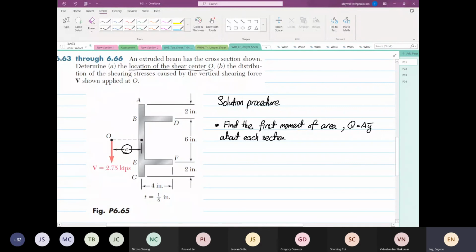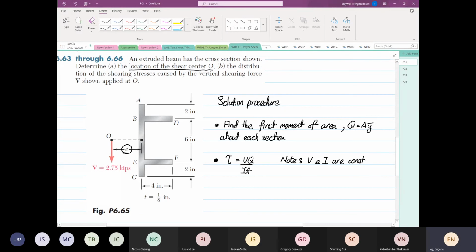Then after that, we know we're going to apply shear stress equal to VQ over IT. Regardless of which section we are going to look at, we're going to apply the rule that we have known, and the note is that V and I are constant.